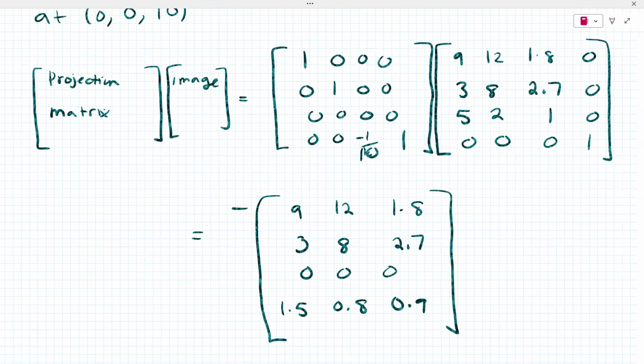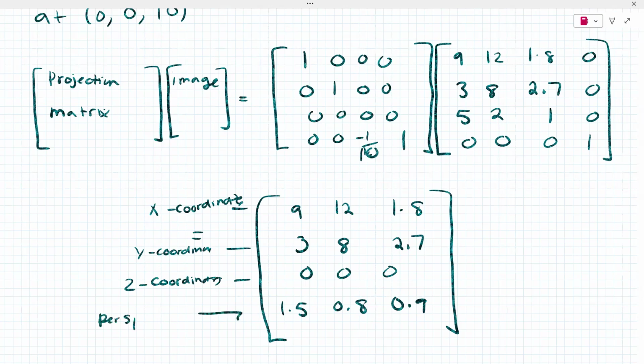So this entire row is your x coordinates. This entire row is your y coordinates. This entire row is your z coordinates. And this entire row is your perspective.